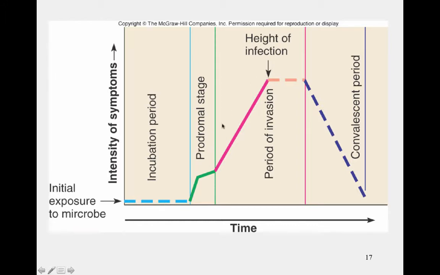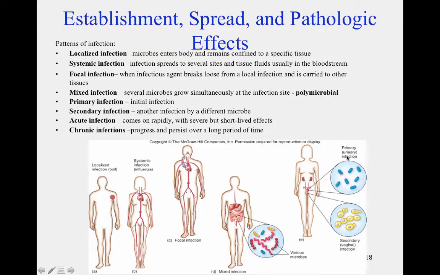And we start to see the signs and symptoms in this pink window here until we reach this height of infection, where then hopefully the immune system has been kicked on enough to start to combat the infection, and hopefully the amount of the pathogen goes down at an exponential rate over time and we recover. So this would be the convalescence.